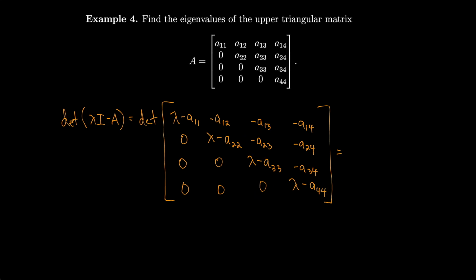So yeah, it's just going to be, and I'll put it a little bit lower, lambda minus a11 times lambda minus a22 times lambda minus a33 times lambda minus a44. So it looked kind of scary because it was a 4x4, but the fact that it was upper triangular kind of saved us in calculating the determinant.